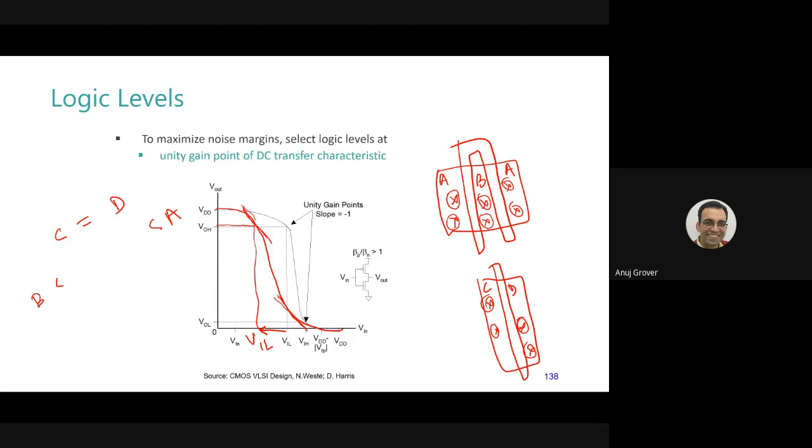So if you now say that your output is here, and this is your power supply, then what happens? Output capacitance reduces, and power supply capacitance increases.